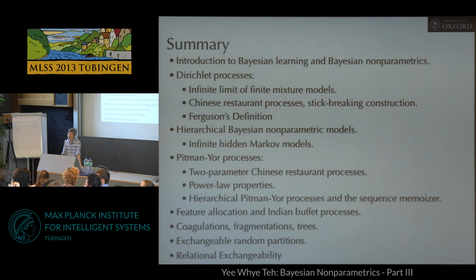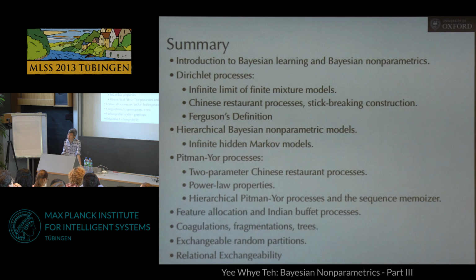Thank you. So, can you take the general definitions for exchangeable random partitions, and plug them into fragmentation processes and get new fragmentation processes, for example, for beta processes?